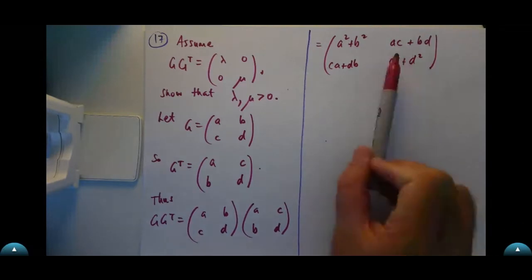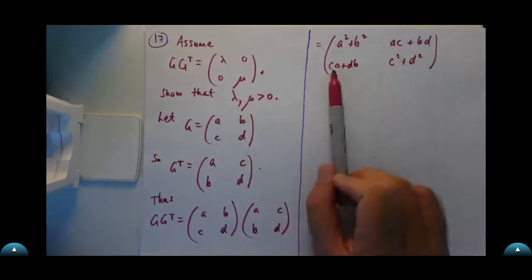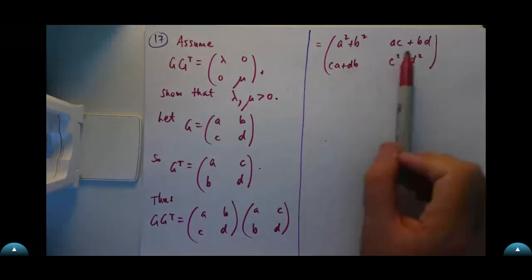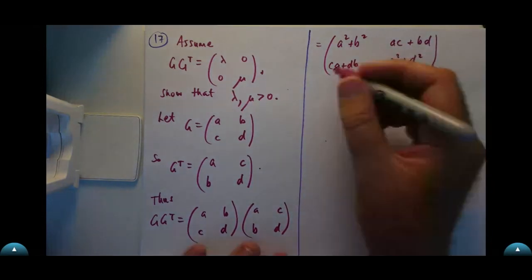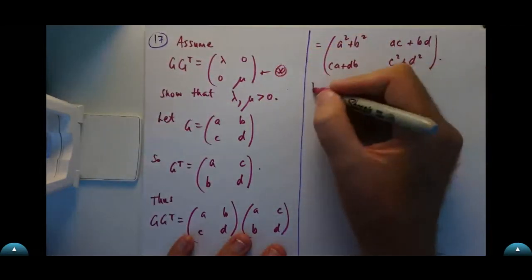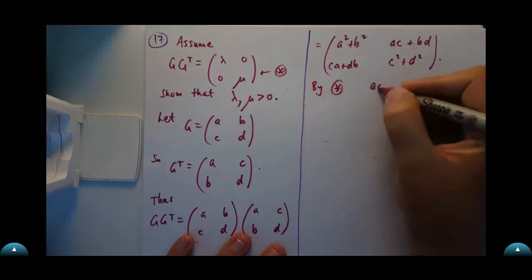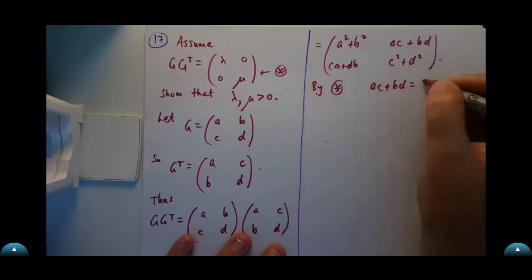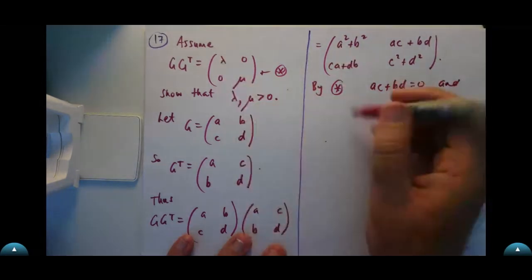Okay, now for this matrix to equal a diagonal, what do we know about these two entries? They have to be 0. And A squared plus B squared equals that.